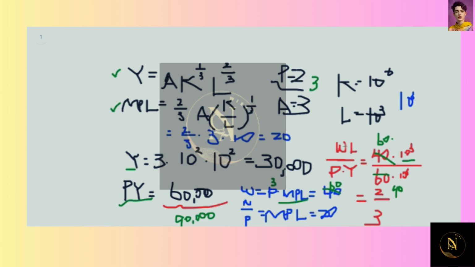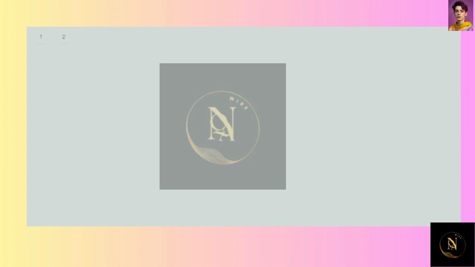Okay, what about technological progress, increasing A from 3 to 9? So we now take a look at what if this A changes. I think I have to add another page. It's a little bit messy. So now our goal is to calculate this labor share, right?